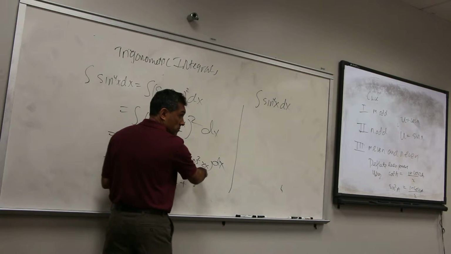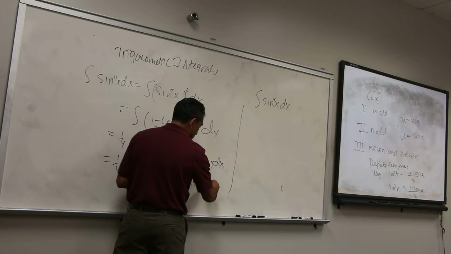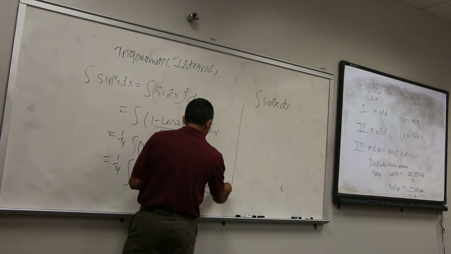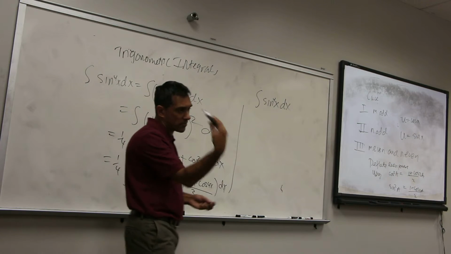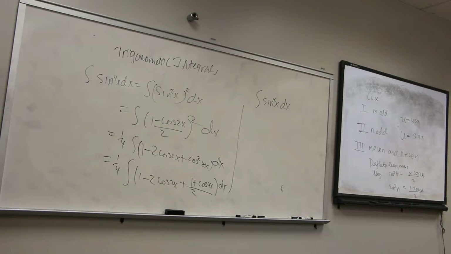What do I write here? 1 plus cosine 4x all over 2 and integrated. I'm not going to finish it. You can give it to your calculus one friend if you don't know. That's the end of that.